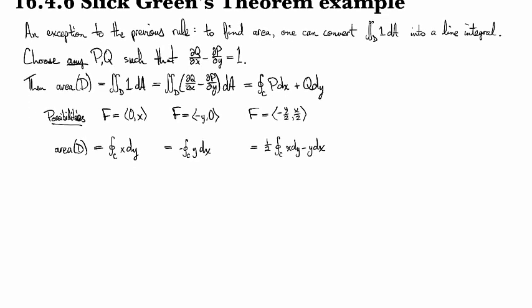So, for example, suppose you want to find the area of an ellipse: x squared over a squared plus y squared over b squared equals 1.